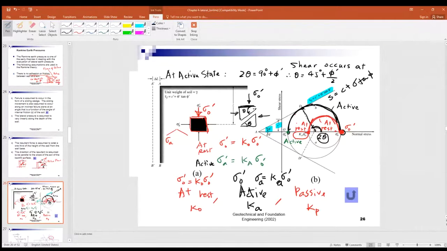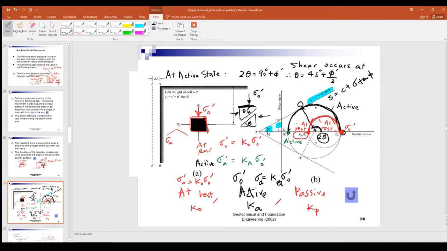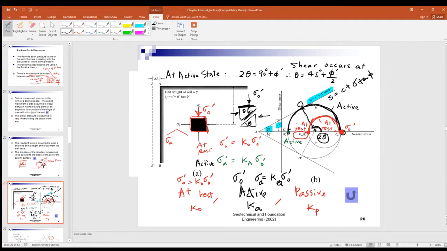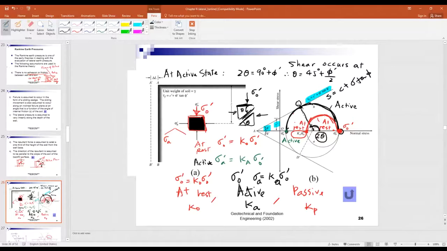Because at point D, it touches the Mohr-Coulomb failure line. So in other words, at the angle theta, measured anti-clockwise from this horizontal plane, you get the failure, with the soil sliding over each other. So that theta is the angle of the failure plane.